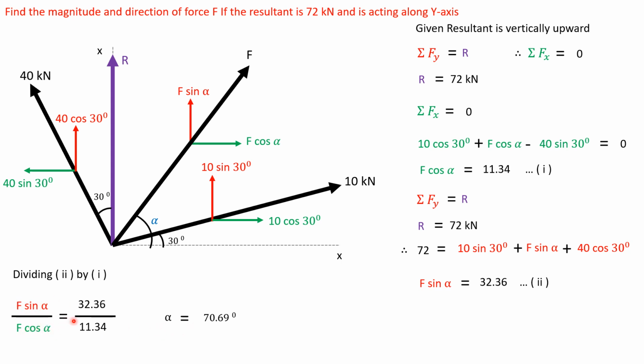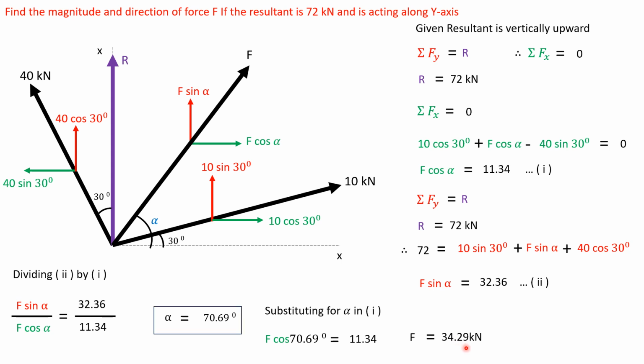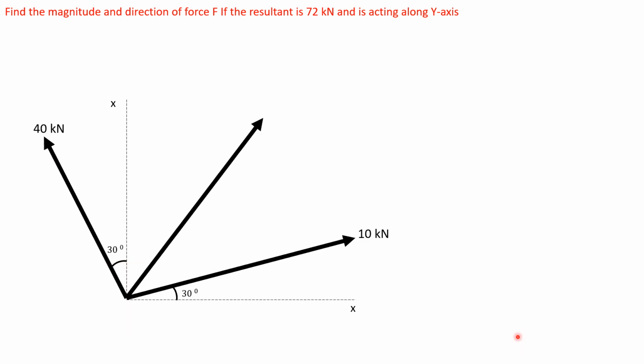From that, alpha equals tan inverse of the value we get, and substituting alpha in 1, we get the F value as 34.29 kN. So alpha is 70.69 degrees, and F is 34.29 kilonewtons.